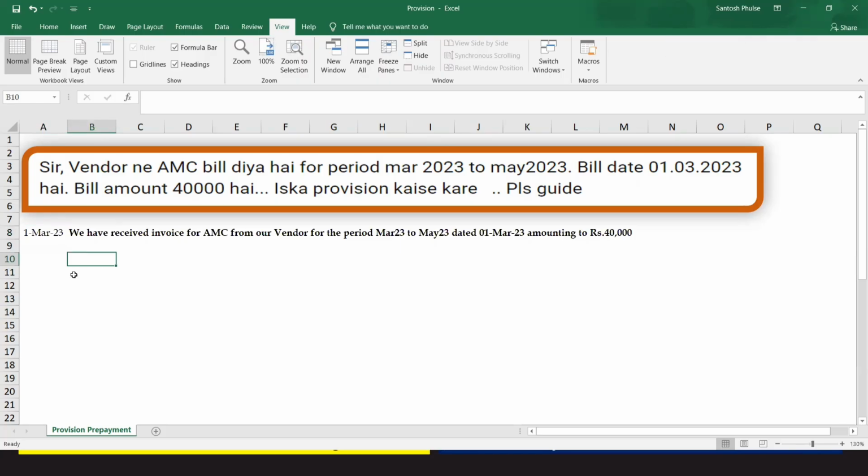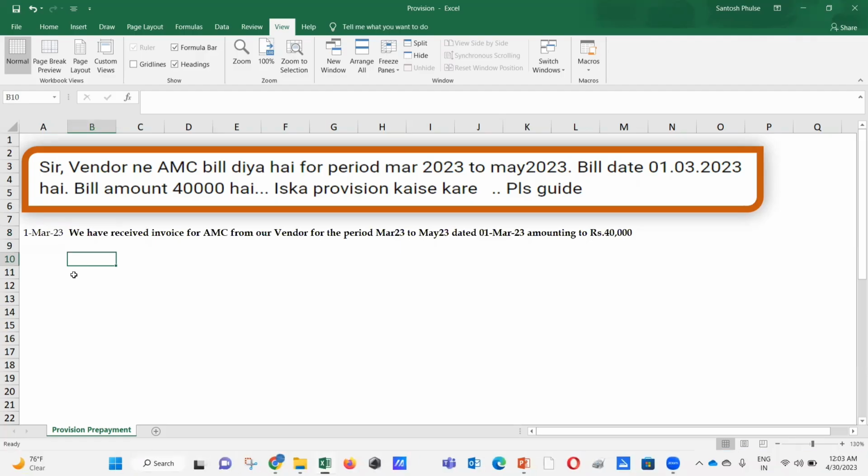So here, the question is how the provision is going to work. The first thing I want to explain is what is meant by provisions, and when the provision comes into the picture.